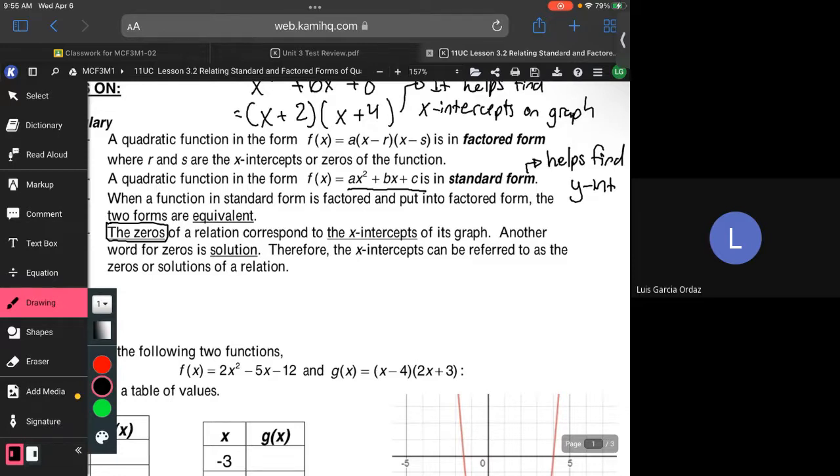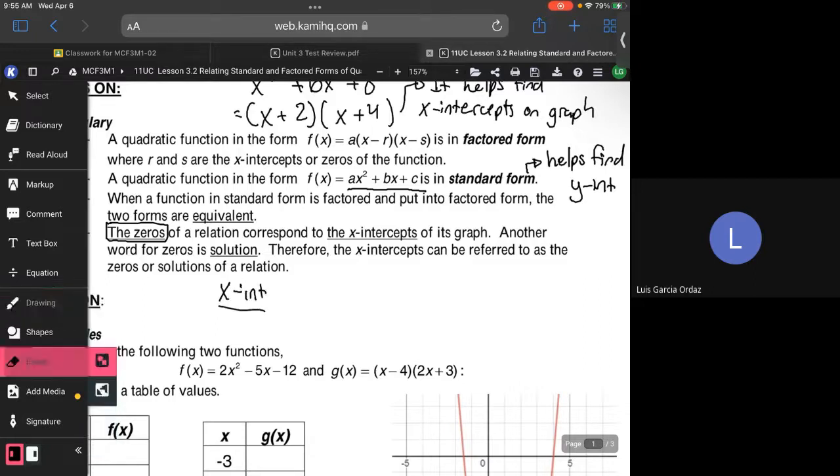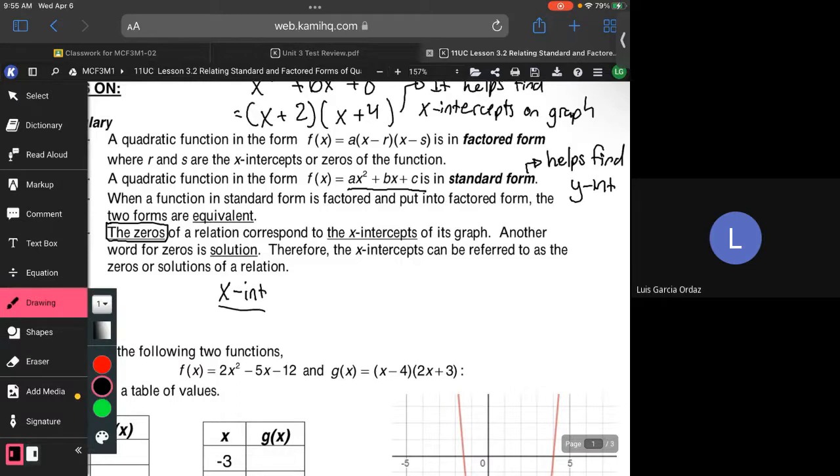So when we have an x-intercept, can someone tell me what my y value is? First of all, if I draw a graph, what is an x-intercept on a graph? Ashton? Yeah, it's anything that crosses my x-axis.